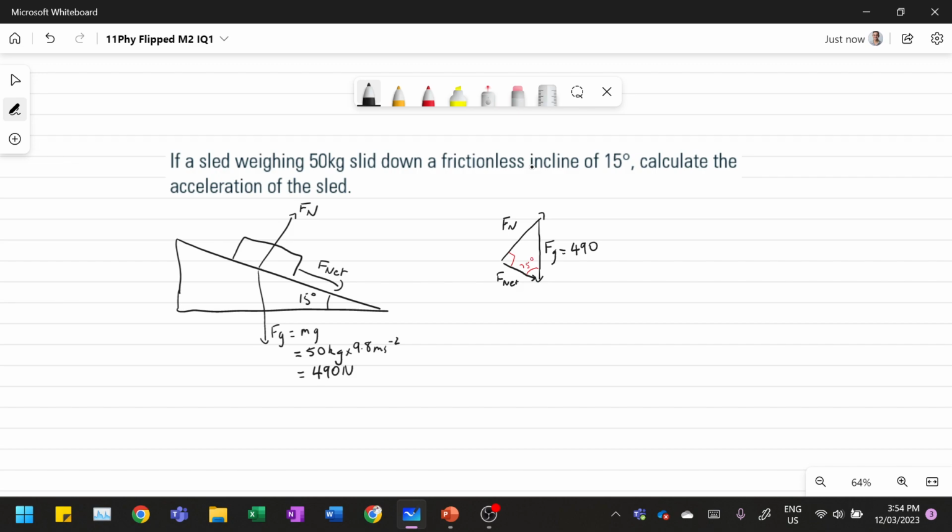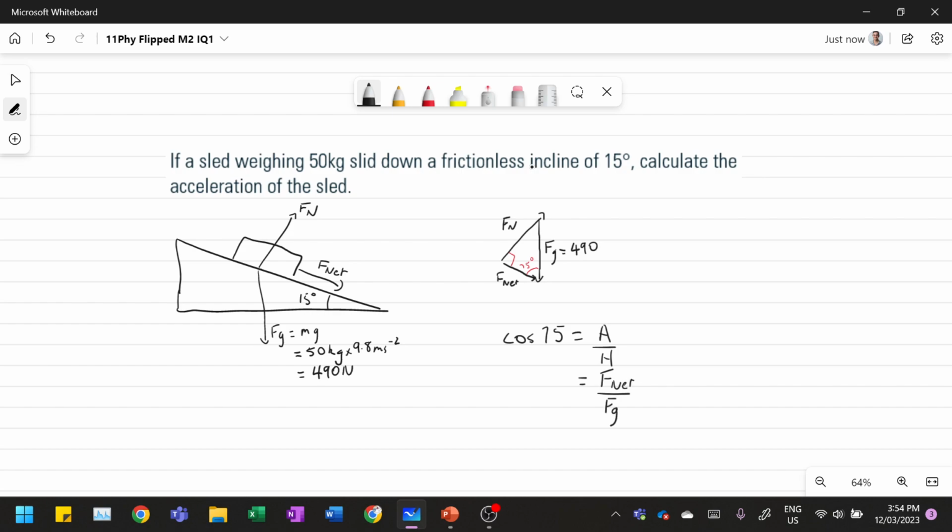So with all of that in mind, I can start to solve. I can say that cos of 75 is equal to adjacent over hypotenuse. Cos is what we want to use because, again, Fnet is the adjacent side and Fg is the hypotenuse. From here, we can begin to sub in. So we can say that cos 75 is equal to Fnet over Fg.